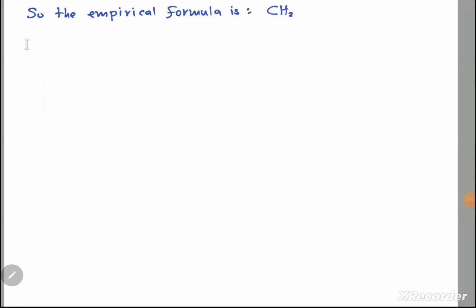Let's see example 4. An acid has empirical formula hydrogen, sulfur, oxygen 4.